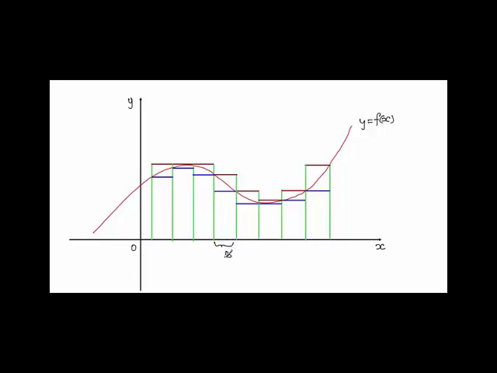We can take the distance between the 2 points as change in x, so change x from there to there. In this case, if we take the divisions equal, there's a unique change in x. But again, what we see is that the area under the blue segments is increasing, and the area in excess above the curve is decreasing.